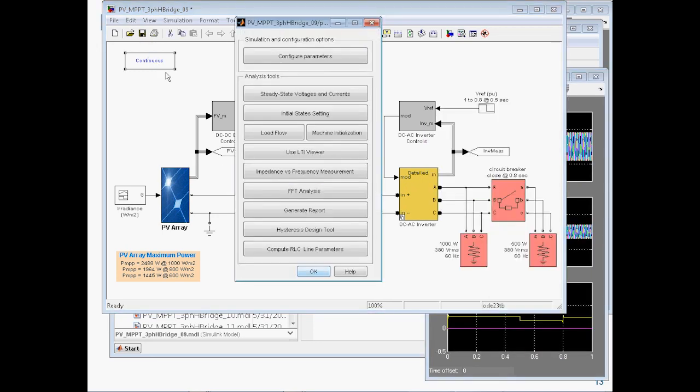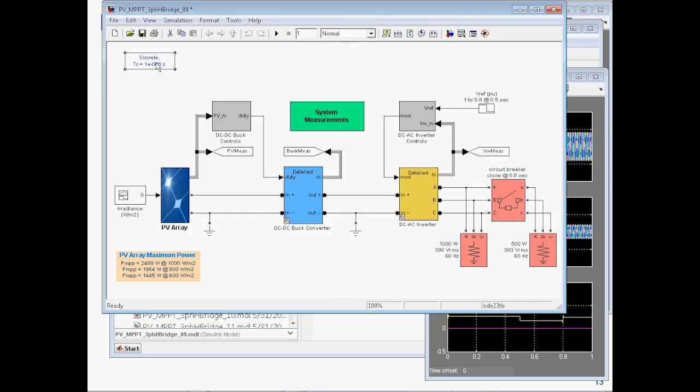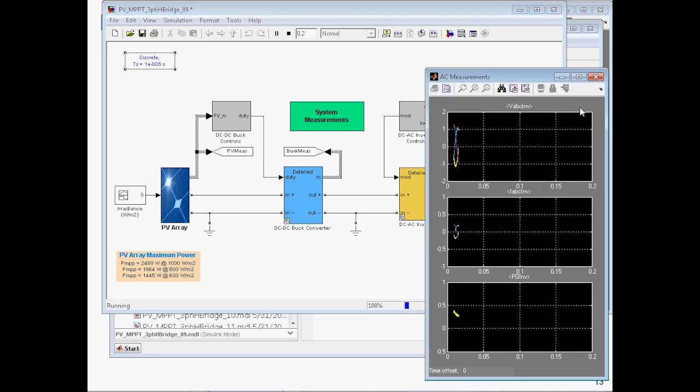Once again, I'm going to change this to discrete, and it's going to run with a 1 microsecond integration step. I'm going to run this for 0.2 seconds. Now I'm running my full system simulation with all the high frequency switching.